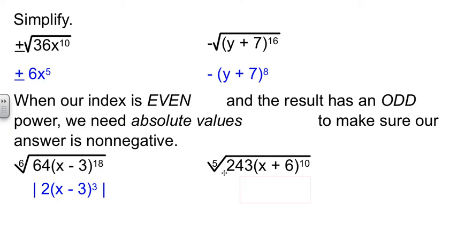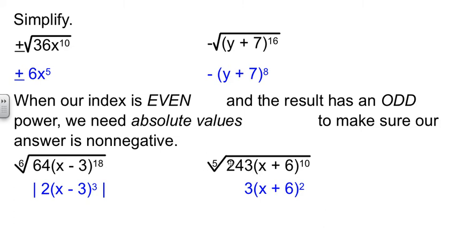Now compare that to this one. The 5th root of 243 stuff to the 10th. Again, trust me on the arithmetic part. The 5th root of 243 is 3. Stuff to the 10th, 10 divided by 5 gives me stuff squared.